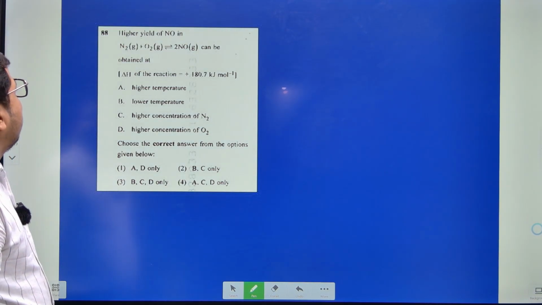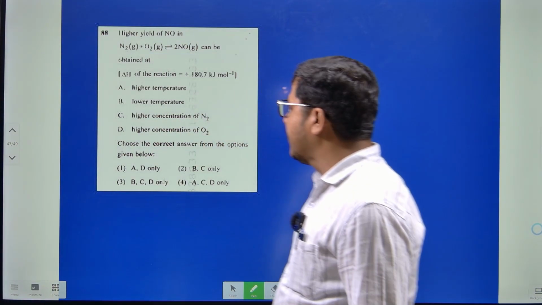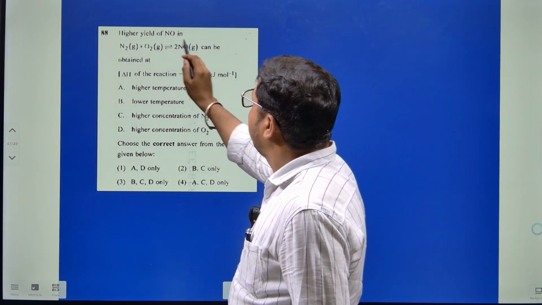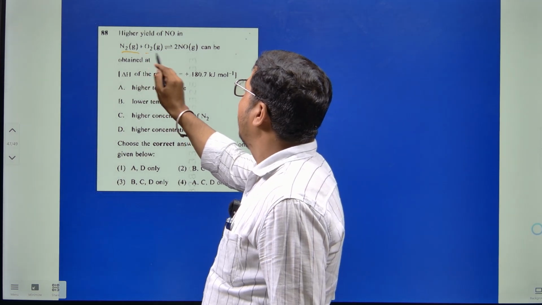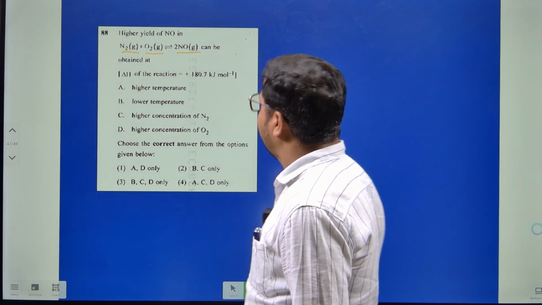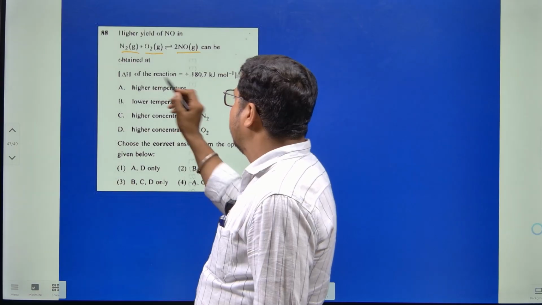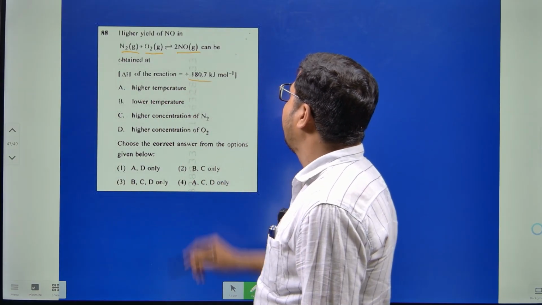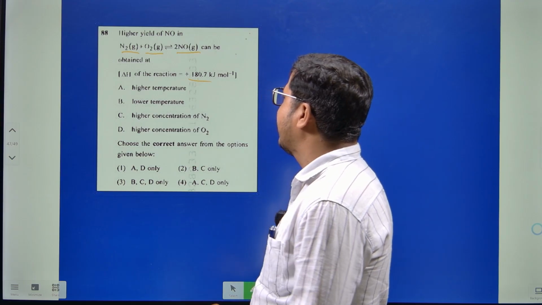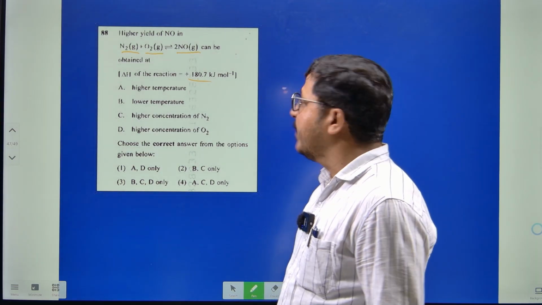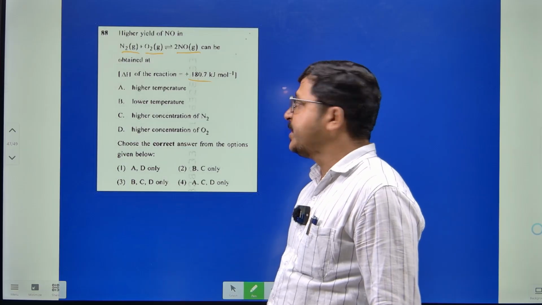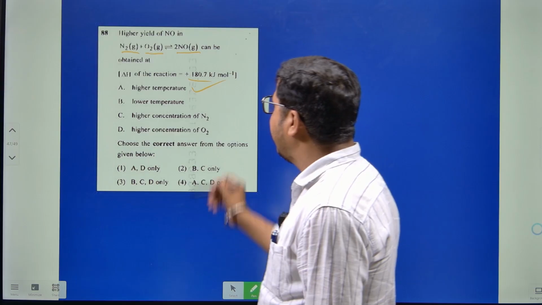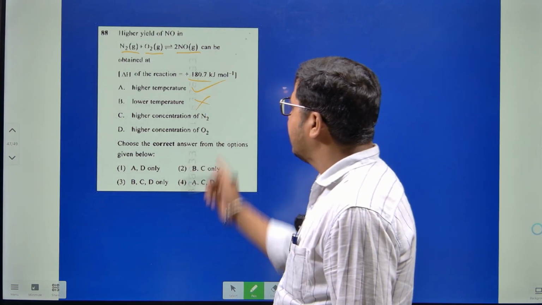Look here: higher yield of NO. N2 plus O2 gives 2NO, and the enthalpy of reaction is plus 180.7 kilojoules per mole. This is an endothermic reaction, because delta H is positive. Hence, higher temperature is needed, not lower temperature.